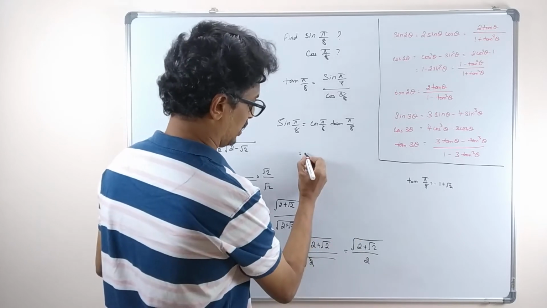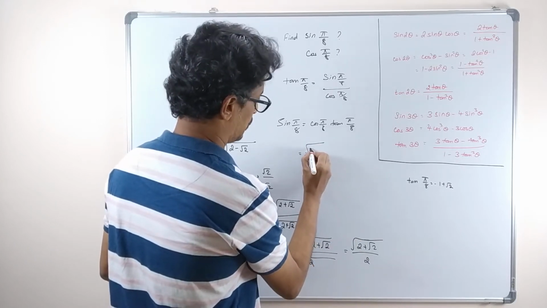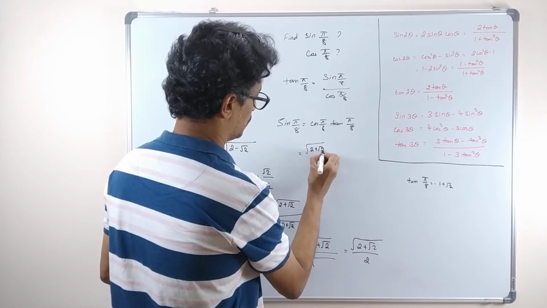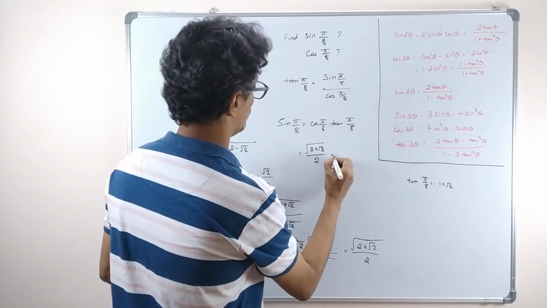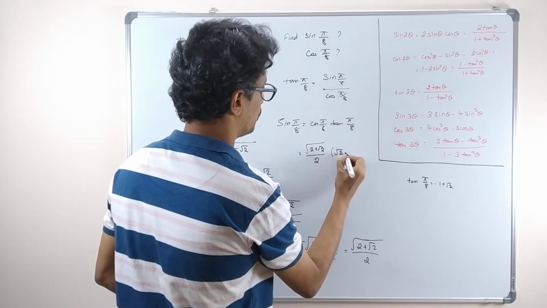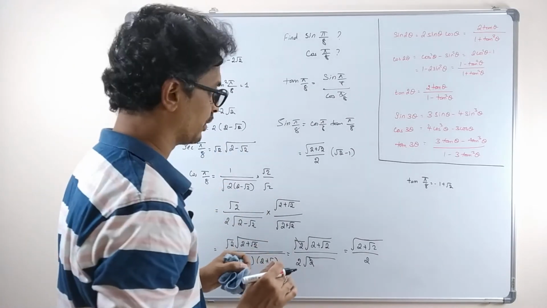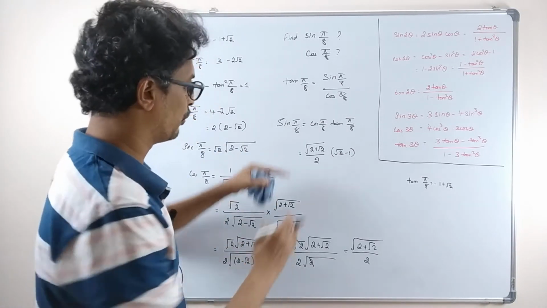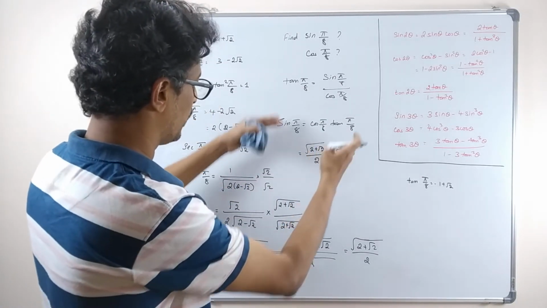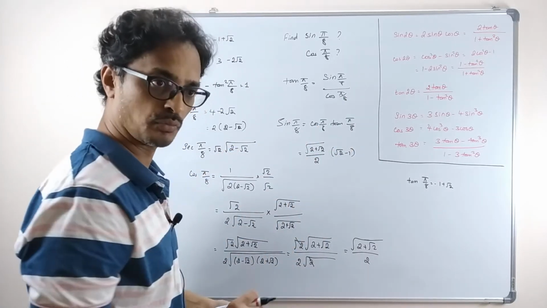So you have root of 2 plus root of 2 by 2, into this root of 2 minus 1. Correct? Root of 2 minus 1. Then you can simplify. If it is possible to simplify, you can simplify it, and if you leave it like this also, it should be okay.